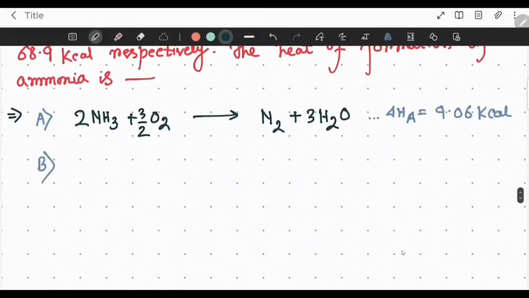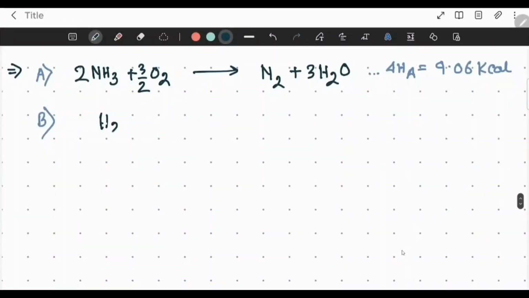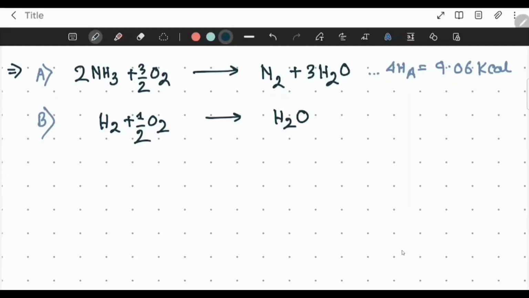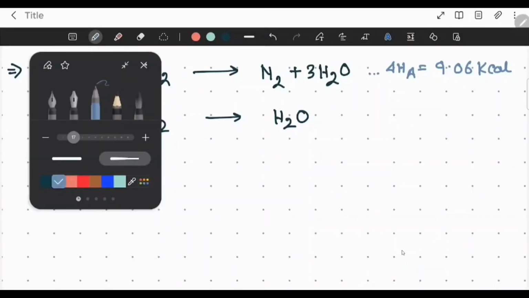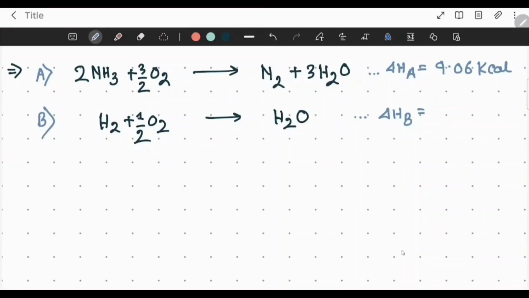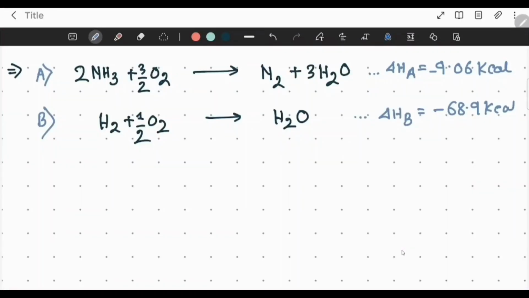H2, we know, it's very easy. H2 plus O2 will produce H2O, and del H for this process is given as minus 68.9 kilocalorie. Okay, we always have to take care of the minus sign. The minus sign will be there.